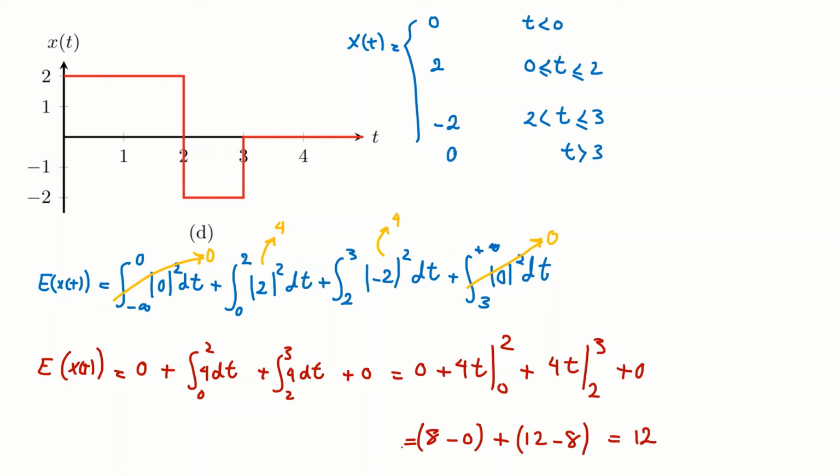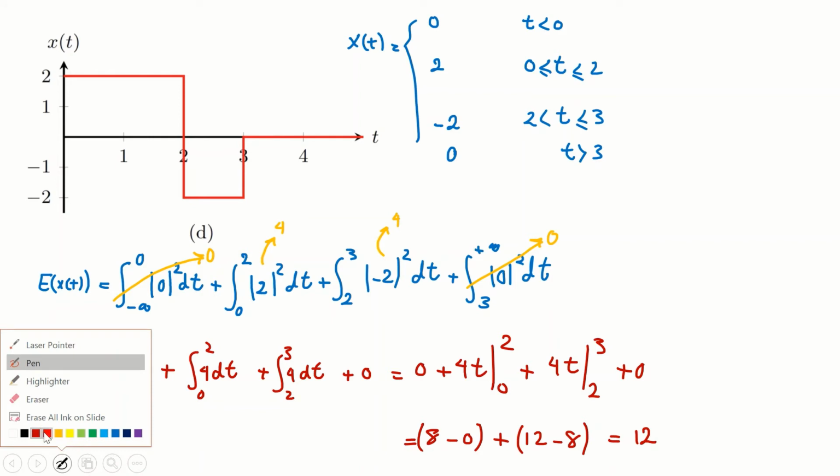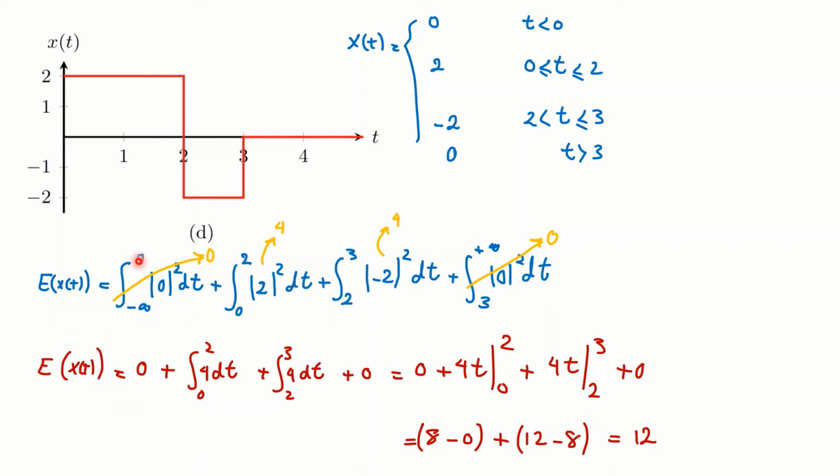So you see that we doubled the amplitude of the signal compared to the original signal, and its energy is quadrupled. So we can conclude this: if you double the amplitude of the signal, its energy will be quadrupled.